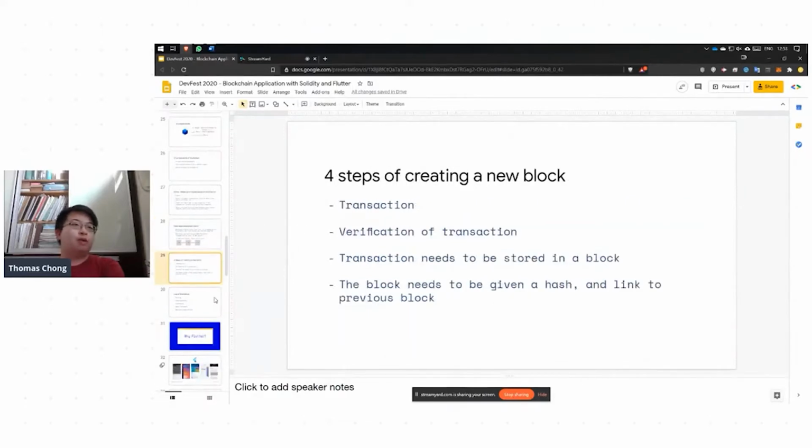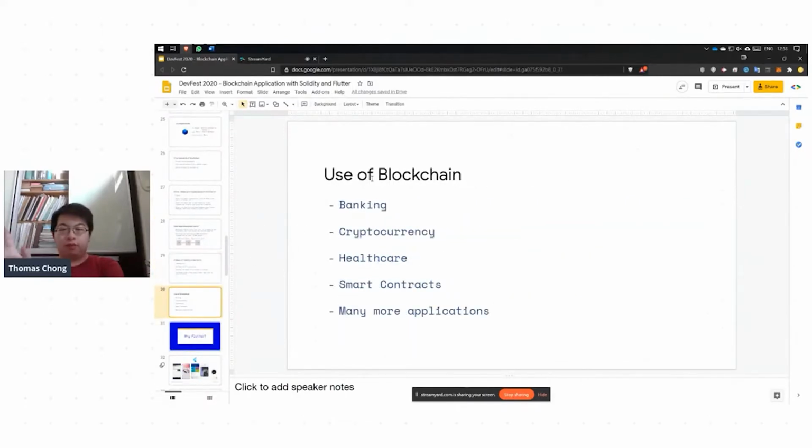And talking about the usage of blockchain, first of all, it is commonly used in cryptocurrency because they use this process to ensure everyone has the right to verify transactions, like a bank controlling all the transactions here.